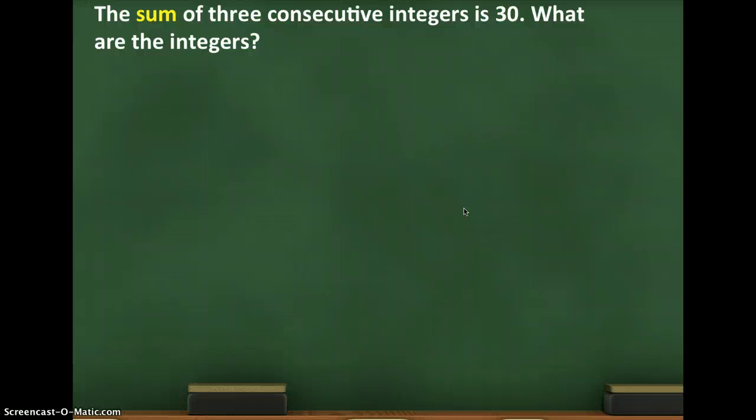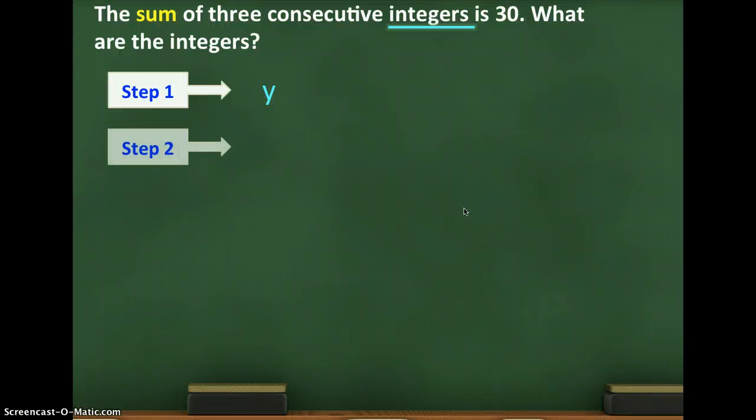Okay, I'm back. Let's check your answer. Step 1, let's introduce a variable. That variable should represent the integer, and so I'm just going to use y. Now, this is only for the first integer. Step 2, I'm going to write the equation.